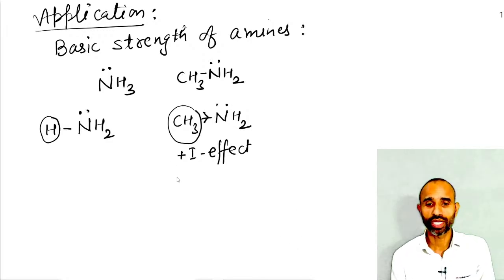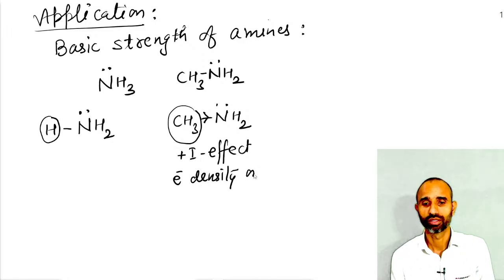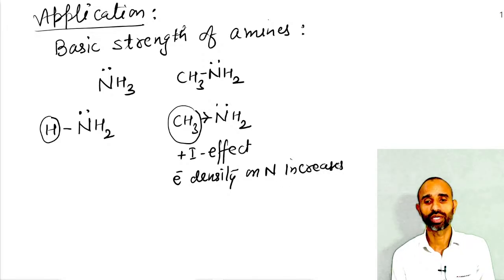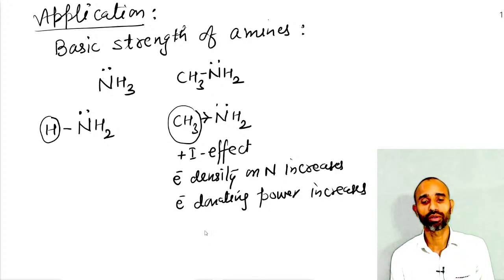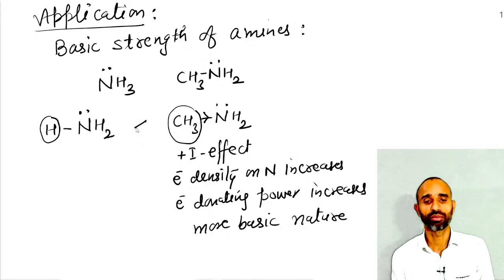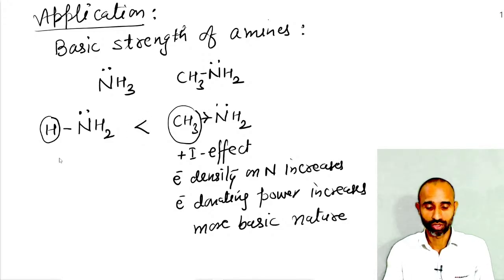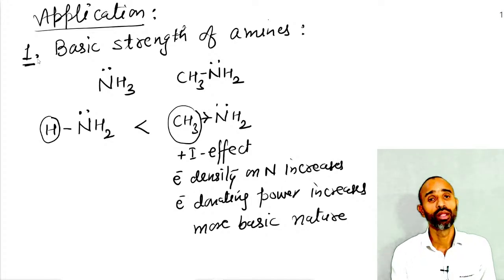So electron density on nitrogen increases, and as electron density on nitrogen increases, its electron donating power is more. And more electron donating power means more basic nature. So that's why methylamine is more basic than ammonia. So this is the first application of inductive effect.